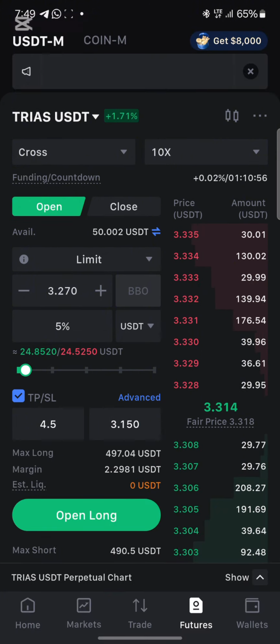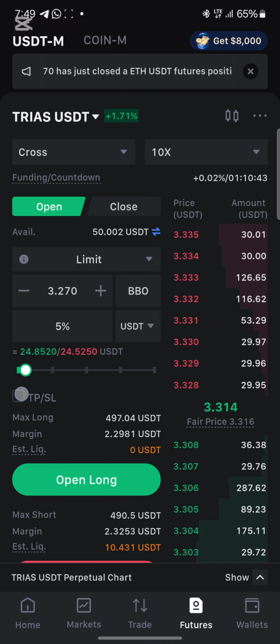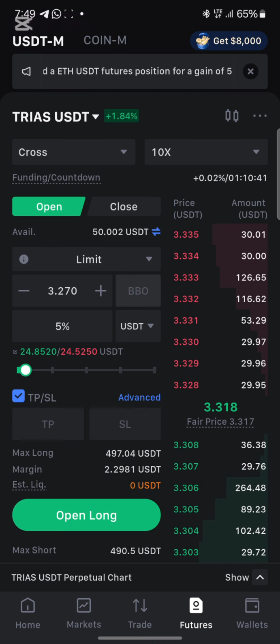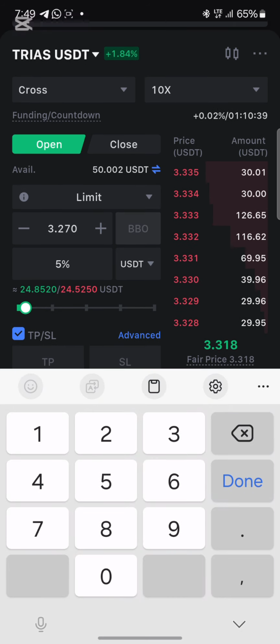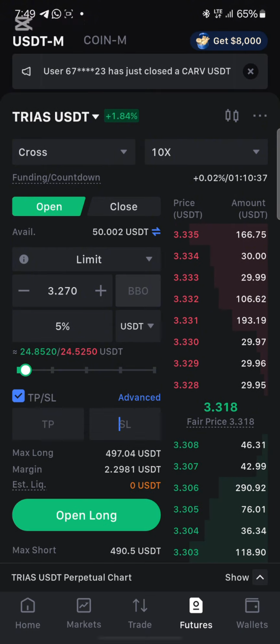It means that if the market reverses and goes the other way, which I don't want, it will close my position when it gets to 3.150. So that is stop loss. Always make use of your stop loss because it helps you to avoid liquidation.